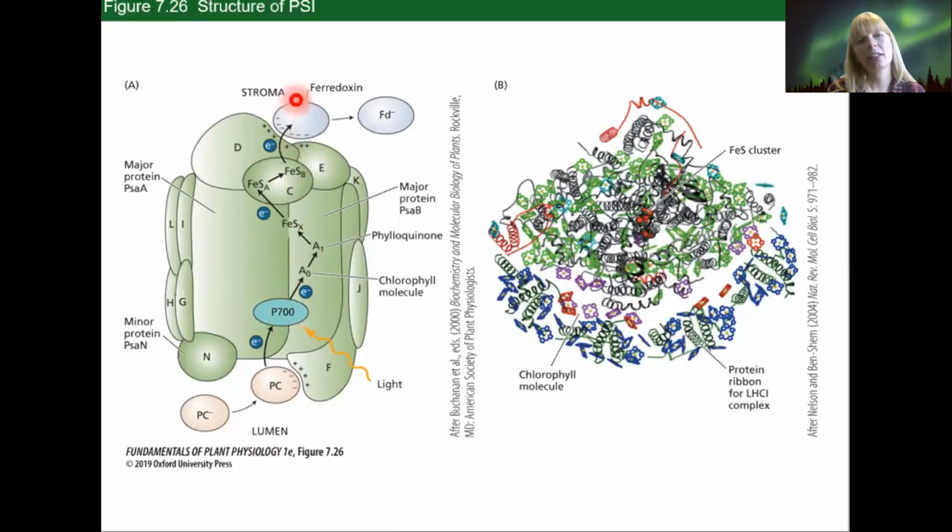You can see ferredoxin is just hanging out next to photosystem 1. It's not actually an integral part of the photosystem. It's just bound to it, waiting for its turn to get an electron.